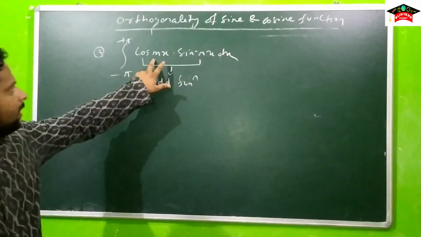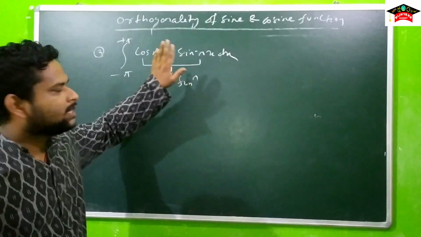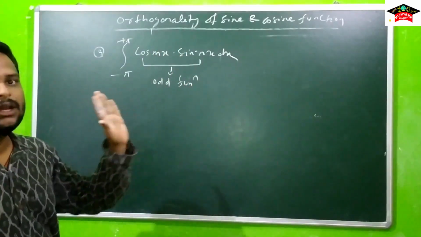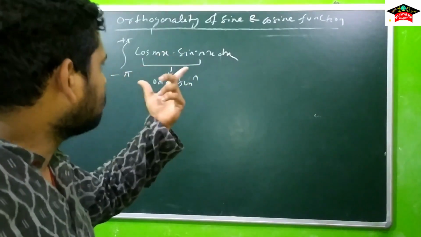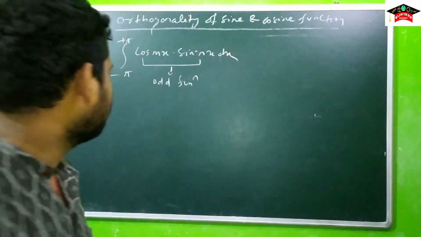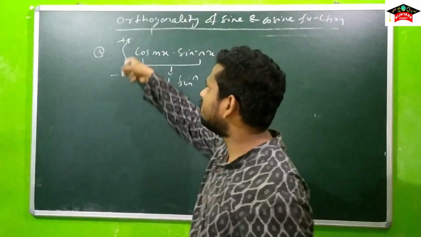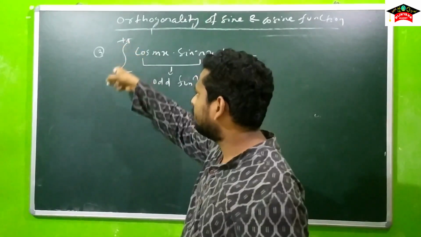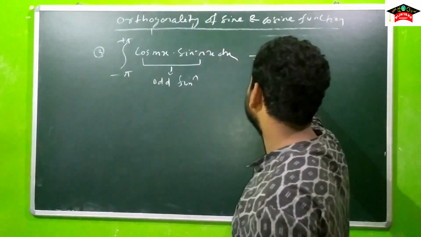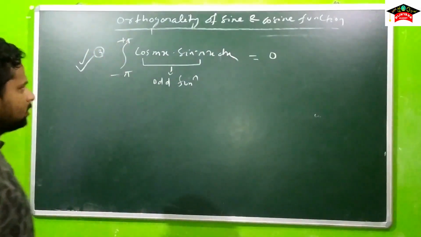Because cosine is even and sine is odd, the product of even and odd is always an odd function. I have already told you in the notes on even and odd functions. So the integration of an odd function from minus a to plus a, or minus any constant to plus that constant, here minus pi to plus pi, is how much? 0. So this condition is also important to understand the Fourier series.